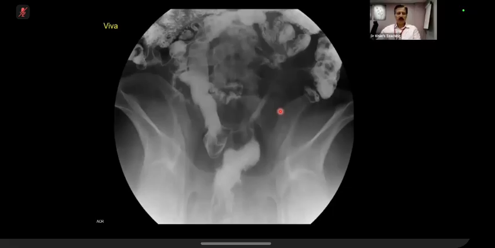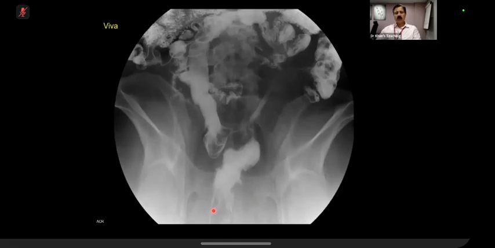Okay. Now, one thing is that in the Viva, they can ask you what kind of film this is. If you go to barium enemas, to outline the rectum, we do a 35-degree angulated film, and this is that film.